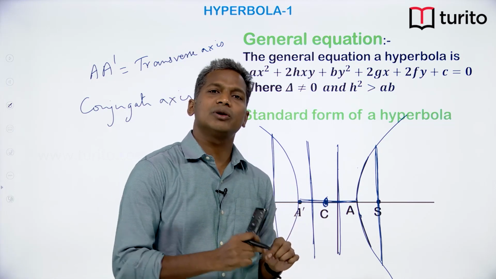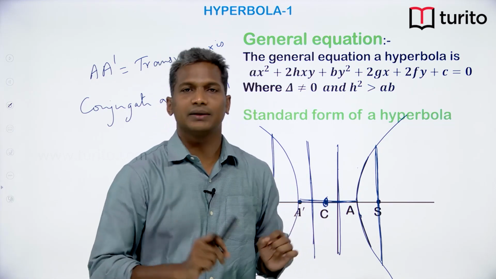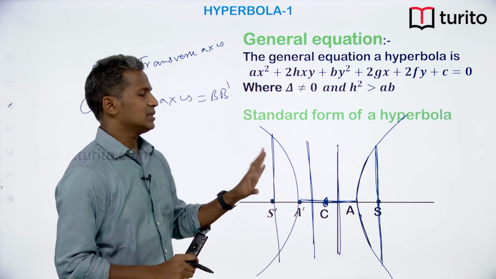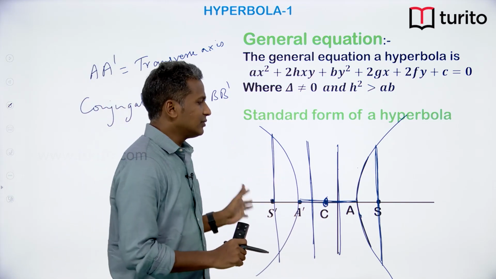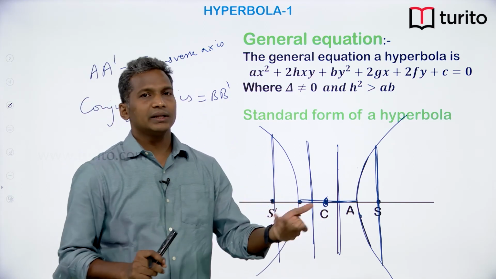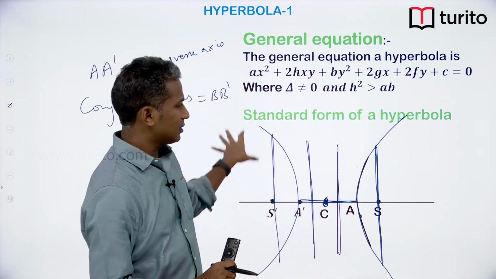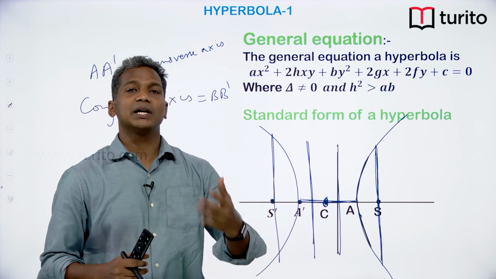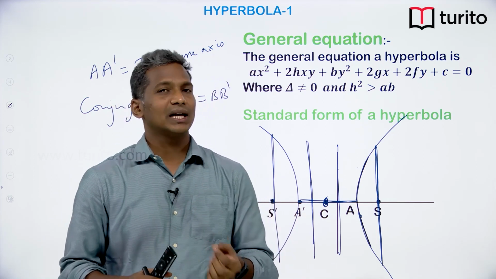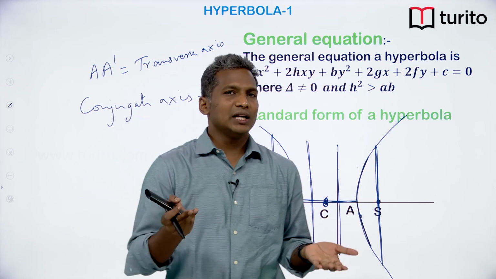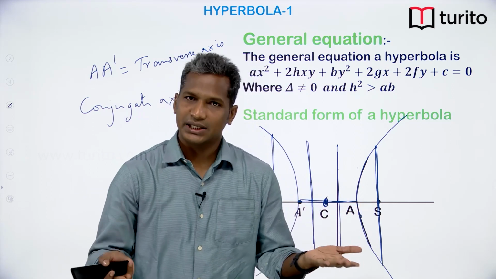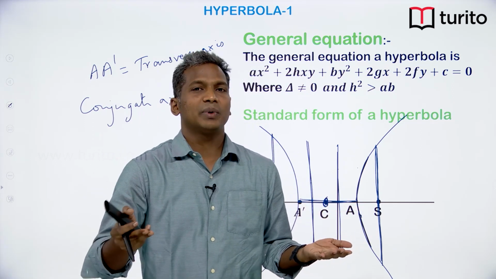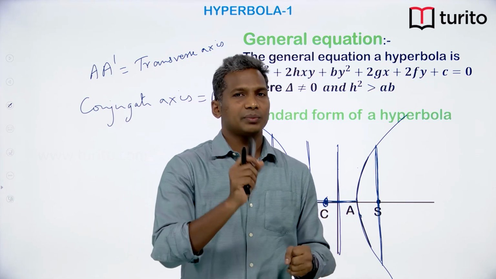If from the center we join any point, it is a radius vector. So, all the ideas are the same. Whatever we have learned in ellipse can be applied in hyperbola, especially when it comes to the setup. You will also see that the algebra is very similar, just like an ellipse. We can say that ellipse and hyperbola are basically cousins. Whatever ideas you apply, similar ideas can be applied in hyperbola also.